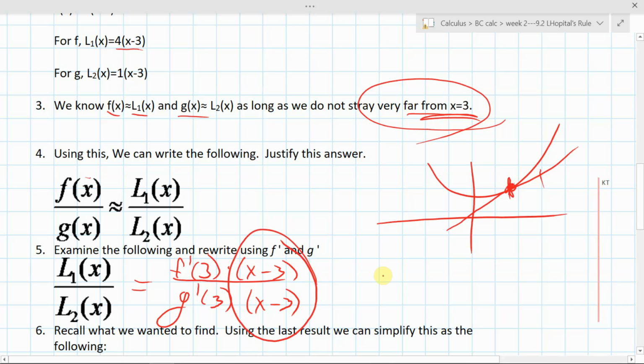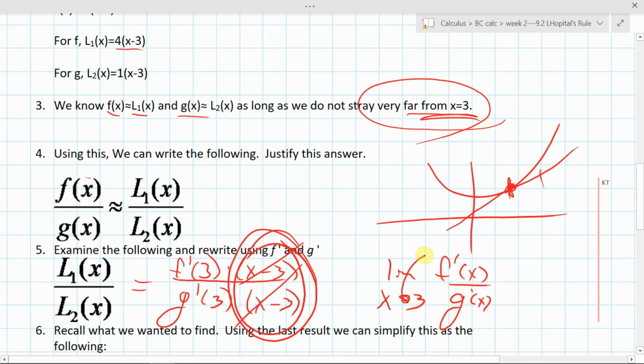Isn't this the reason that as I take the limit as x approaches 3, you see the 0 over 0 sitting right here? So just like we would end up factoring out something before and getting it to cancel, notice that what we've really done is turn this into that the answer is found by taking the derivative of those functions and then evaluating them at the same x value that we had before.